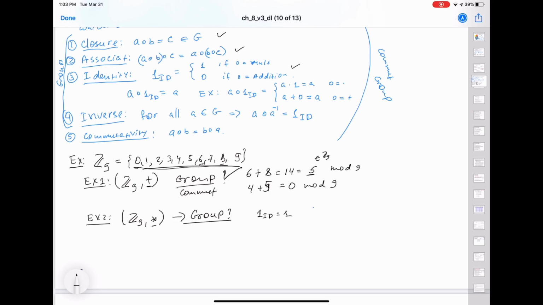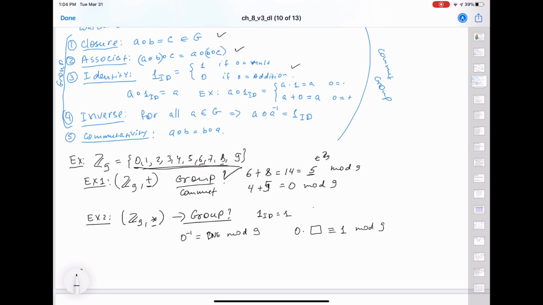If I ask you, can you find the inverse of 0 modulo 9? It means that if I take 0 times something, it has to give me something congruent to 1 modulo 9. Is that going to happen? Never. It doesn't exist. So that's why it is not a group, just because 0 is not invertible.